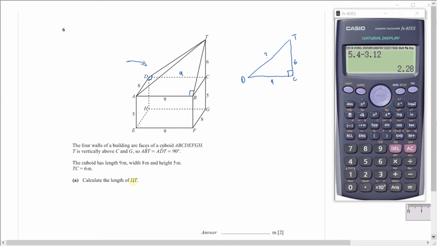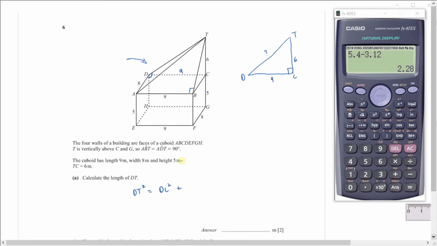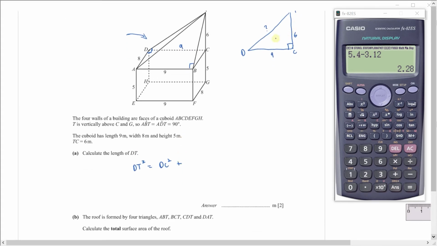So first you have to calculate length DT. So we can use the Pythagoras theorem here. So this will be DT squared equals DC squared plus CT squared.